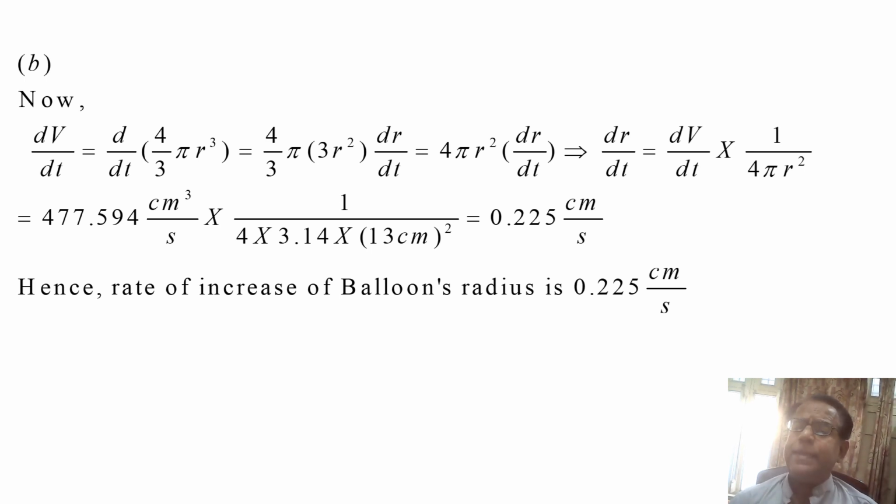Hence the rate of increase of the balloon's radius is 0.225 centimeter per second, and this is the answer of question B, solution of problem B. This is the end of our module.